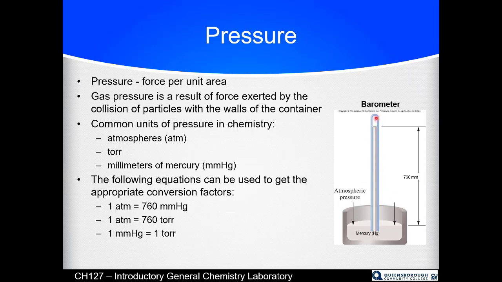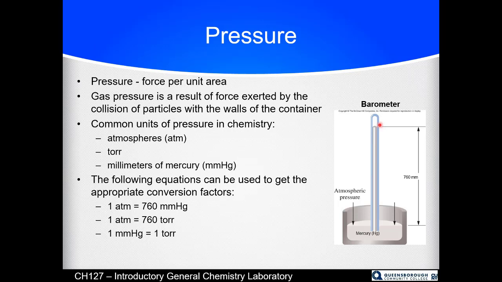You would fill it completely to the top with mercury and then whip it upside down carefully. This is not air up here. This is a vacuum. You whip it upside down into a dish of mercury, and the atmospheric pressure, the gas particles colliding with this mercury, would hold it up in the tube to a height of 760 millimeters. This is why atmospheric pressure in millimeters of mercury is 760. That's equal to 1 atmosphere.